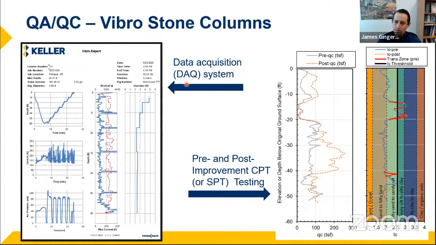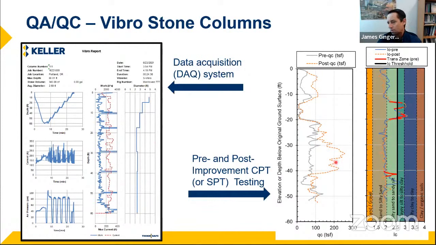And QA/QC is also a really important aspect. Most of our rigs are instrumented to measure a bunch of different parameters like the amperage going into the work when we use vibrators, and the diameter of the columns that we produce.